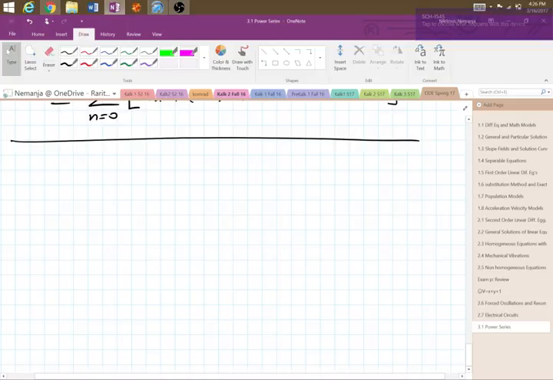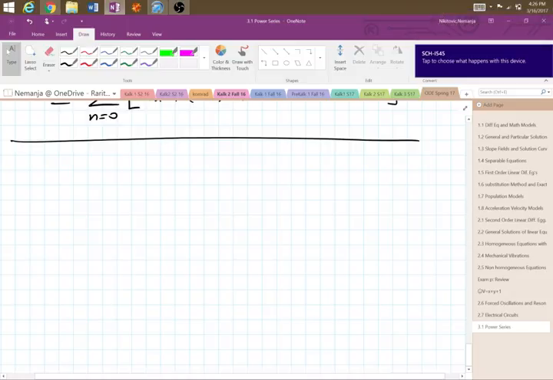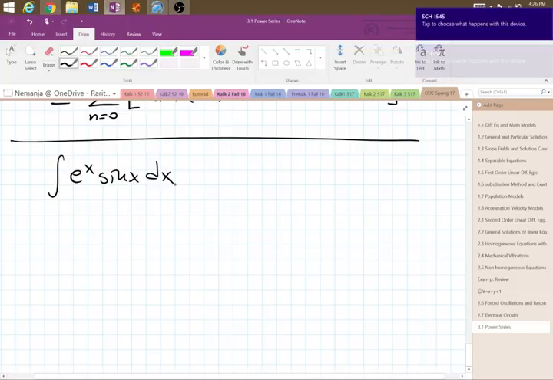So if you have, which was the problem from your Calc 2, those of you who took Calc 2 with me, I called it an evil problem, the integral of e to the x times sine x. So integral of e^x sin x dx, and we had to do 2 integration by parts to solve this problem, and then that trick to move the integral to the other side and divide both sides by 2.